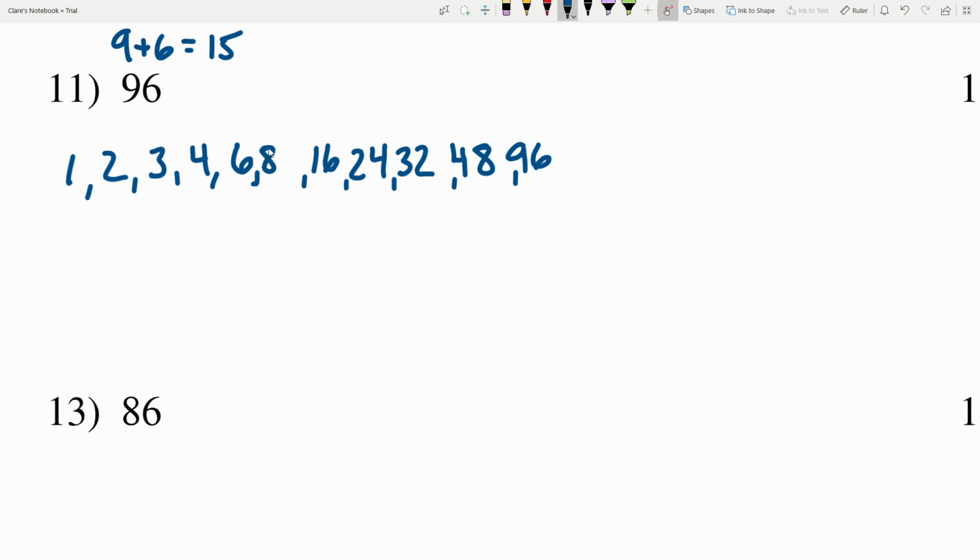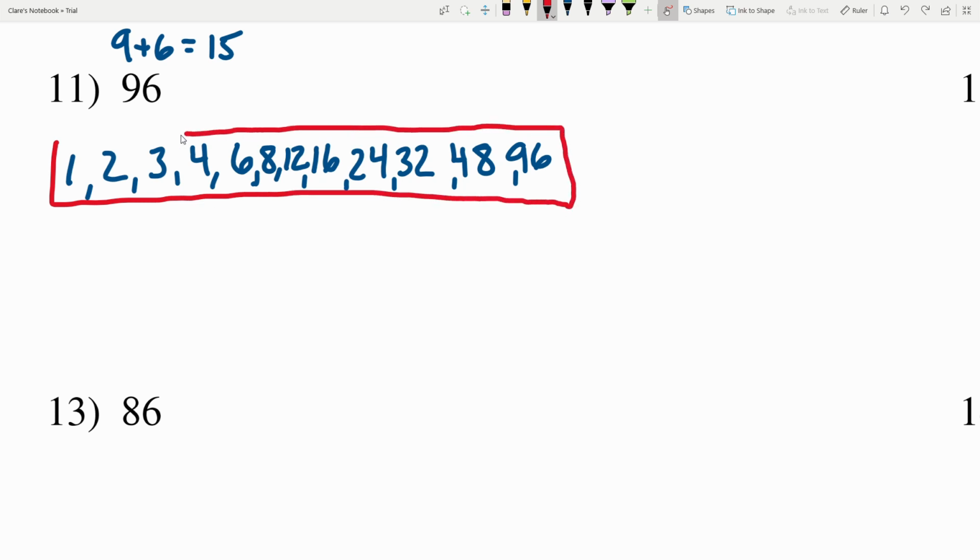And that's going to be 8 times 12. 8 times 12 gives us 96, and in between 8 and 12 would be 9, which doesn't work because 15 wasn't divisible by 9, 10, which doesn't work because it doesn't end in a 0, and 11, which doesn't work. So 1, 2, 3, 4, 6, 8, 12, 16, 24, 32, 48, and 96 are the factors of 96.